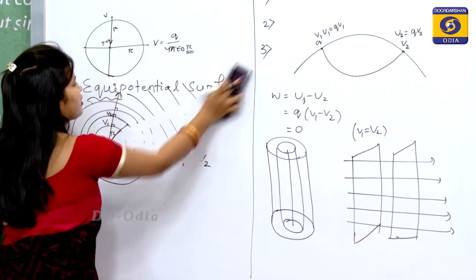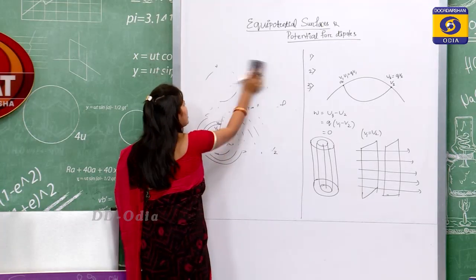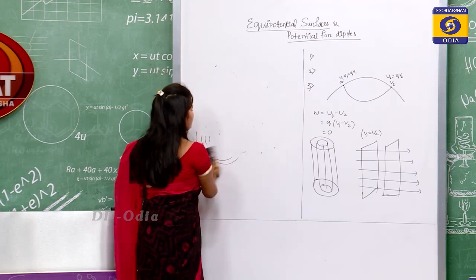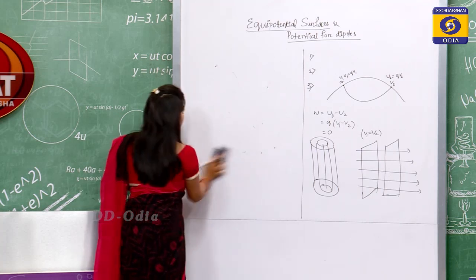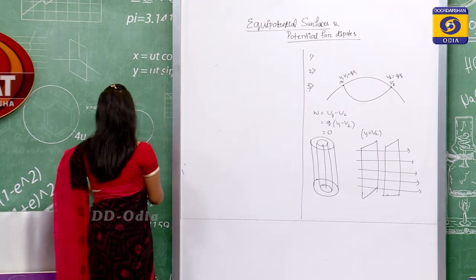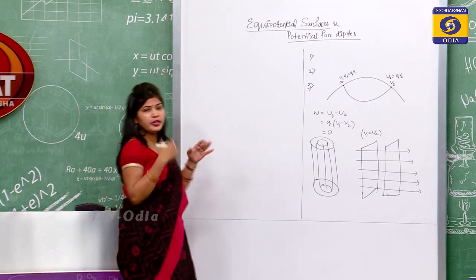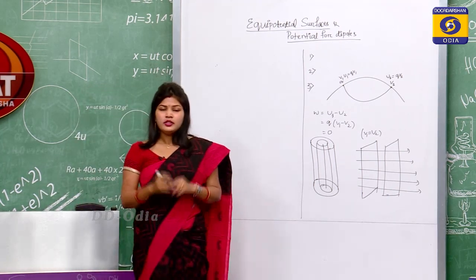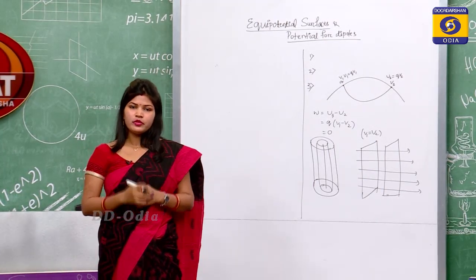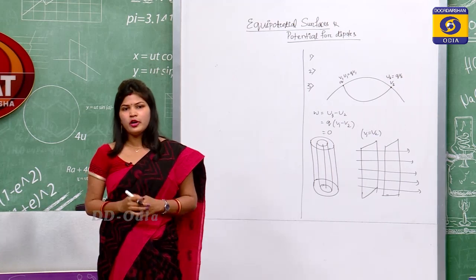Now, we will discuss the shapes of the equipotentials for dipoles. Now, let me recall what is a dipole. Due to polarization of charges in an atom or molecule, a dipole forms.